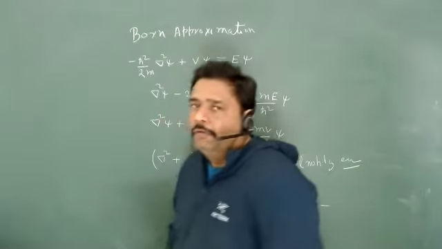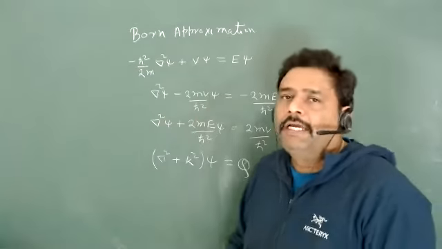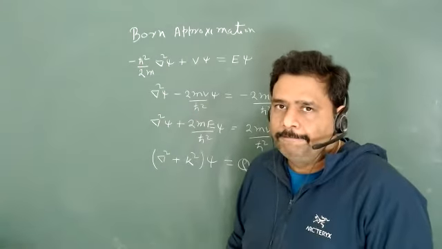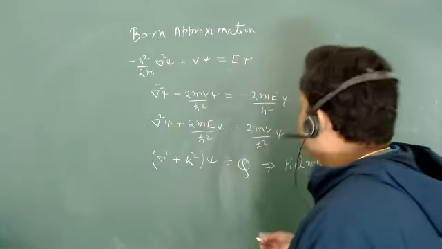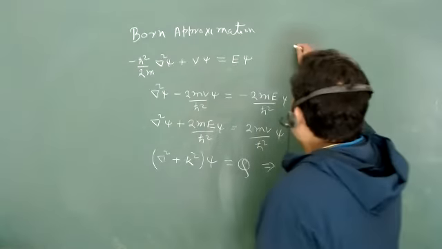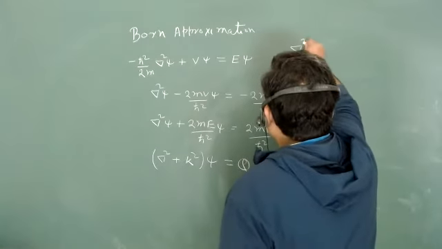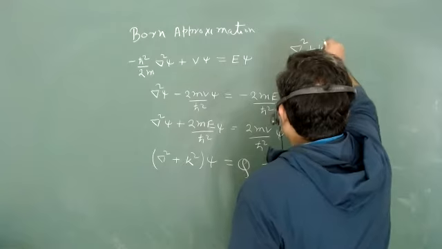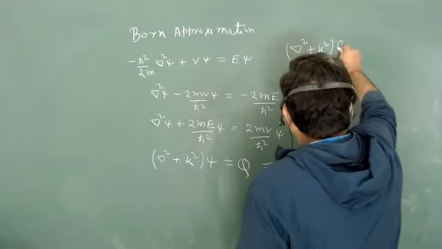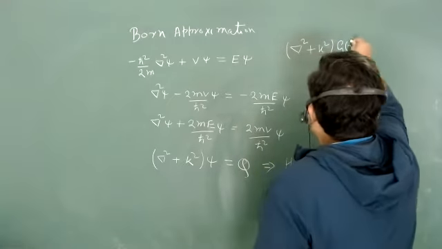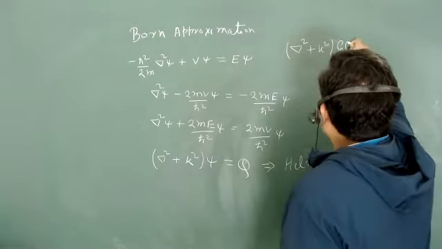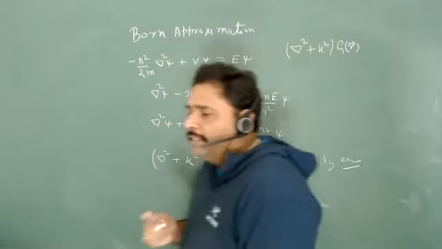So how can you solve this type of equation? You will solve it with the help of the Green function. You can find one particular function, del square plus k square, and let's say this Green function is G(r), written in vector form. What is the meaning of this vector form?